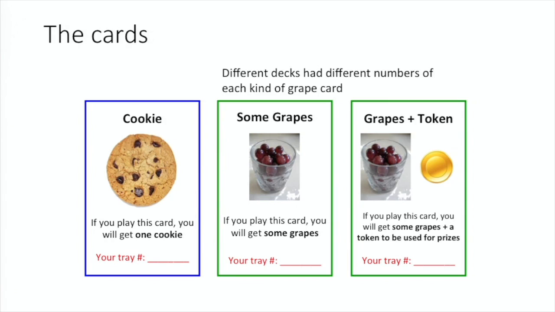So I get this cookie card, I get this grape card. Different decks had different numbers of each kind of card. So we had decks that were 100% grapes without incentives. So we had tables in which grapes were not incentivized. And we had decks with 100% grapes plus token. So we had tables where every child was incentivized. And finally, we had decks with 50% grape cards and 50% grape plus token cards.